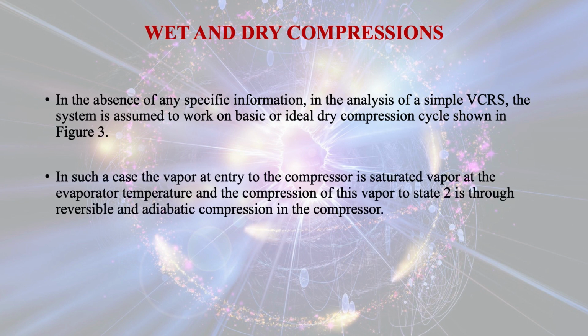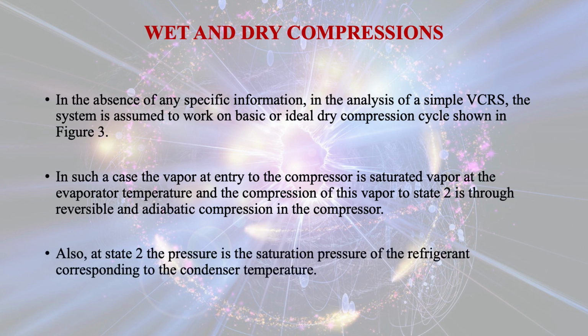In such a case, the vapor at entry to the compressor is saturated vapor at the evaporator temperature, and the compression of this vapor to state 2 is through reversible and adiabatic compression in the compressor. Also at state 2, the pressure is the saturation pressure of the refrigerant corresponding to the condenser temperature.